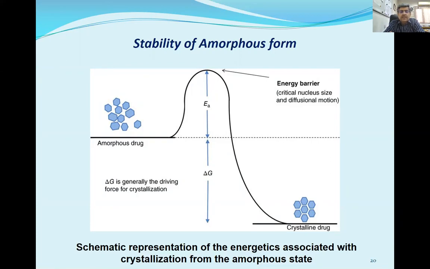When the free energy barrier is relatively high, as has been shown in this case, we will call that state the metastable state. But if this free energy barrier is very low and the conversion takes place almost automatically, then the state is called the unstable state. So depending upon the properties of the amorphous drug, it could either be metastable or it could be unstable. The unstable ones will have a very fast conversion from the amorphous form to the crystalline form.